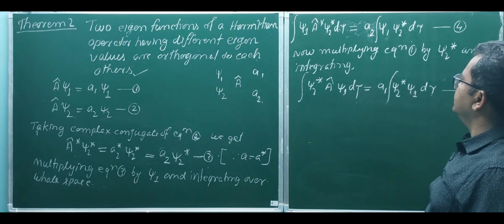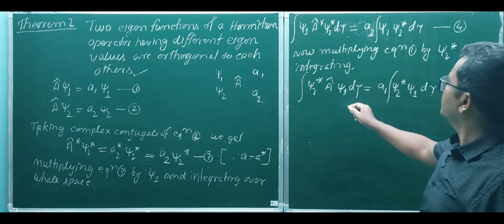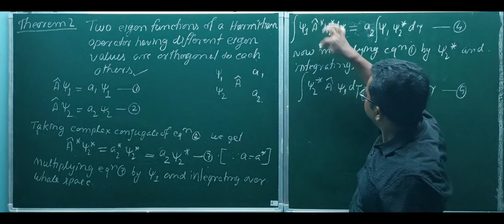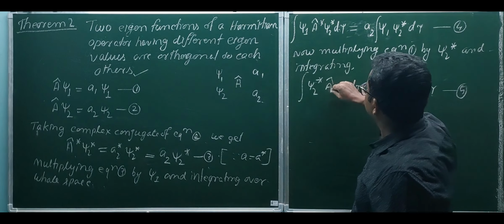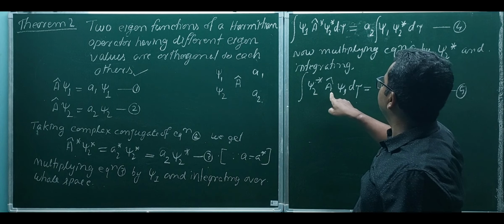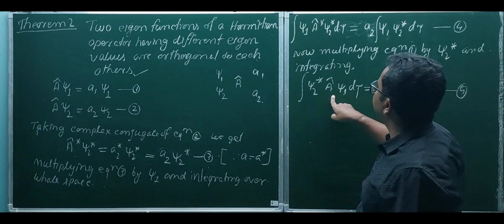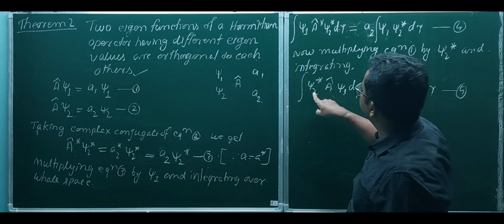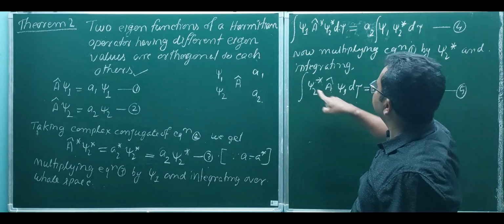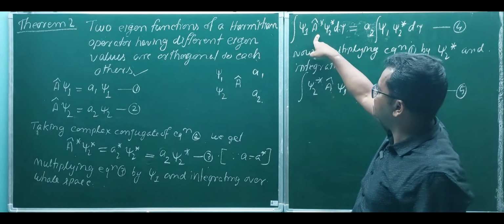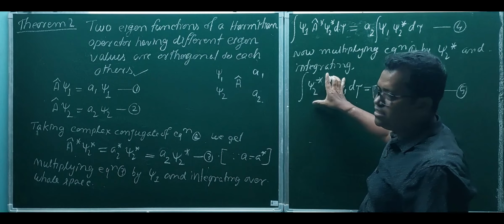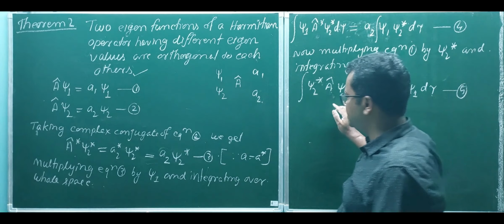Now you see, since A is Hermitian, the condition of Hermitian is satisfied. See, A psi 1, and here psi 2 star, the A star becomes the complex conjugate. So the left hand side is equal, since A is Hermitian.